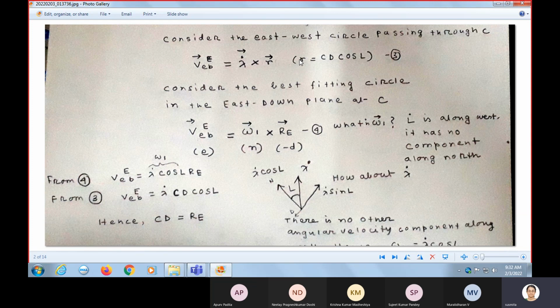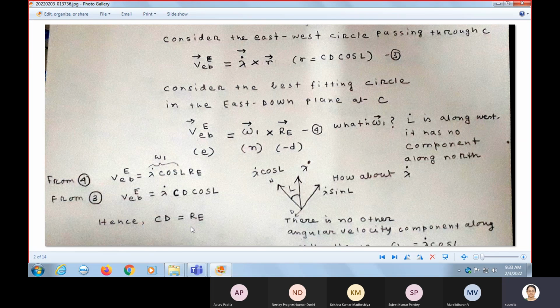And then from the east-west circle we get the east component is equal to lambda dot into CD times cos L. So just compare these two and you'll see that CD is equal to RE. So without using any formula, any mathematical expression of RE, we can prove that CD must be equal to RE.